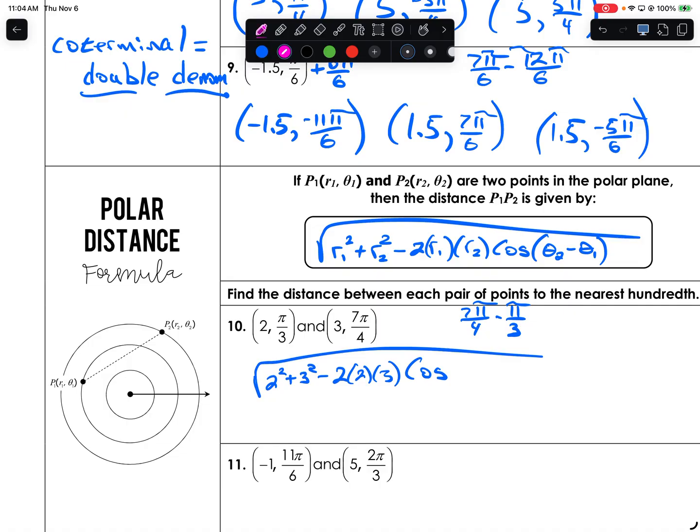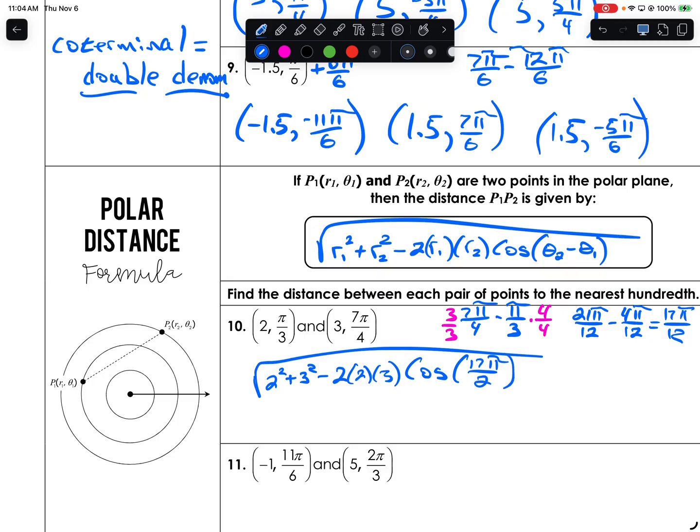What do I have to multiply the first fraction by? 3 over 3. Second fraction by? 4 over 4. So I get 21 pi over 12 minus 4 pi over 12. So 21 minus 4 is 17 pi over 12. So that's what we're going to plug in here, 17 pi.